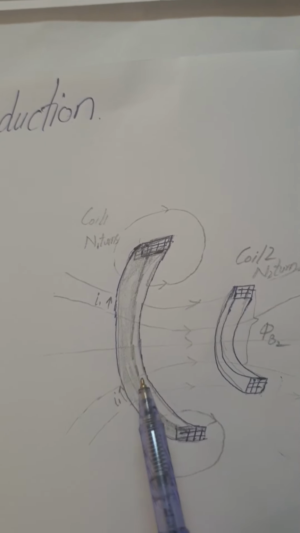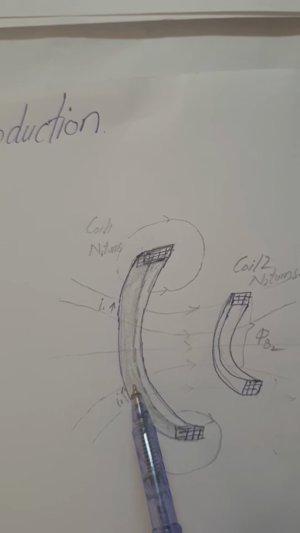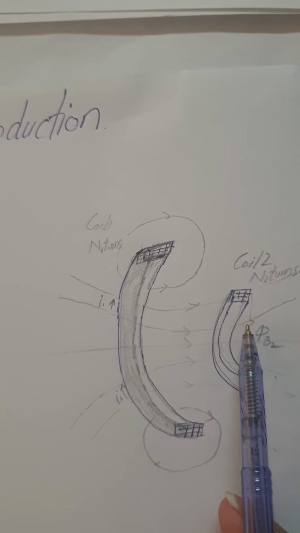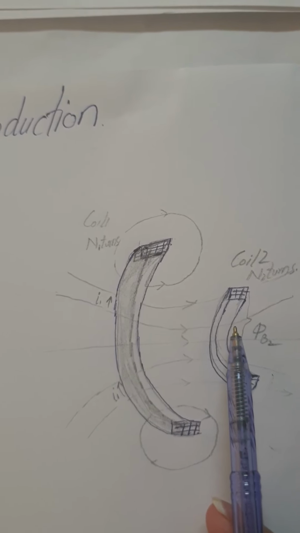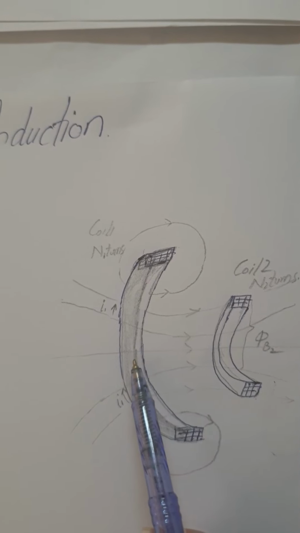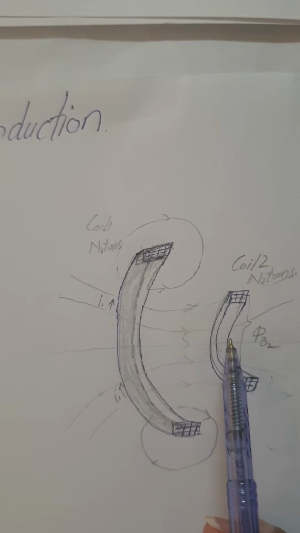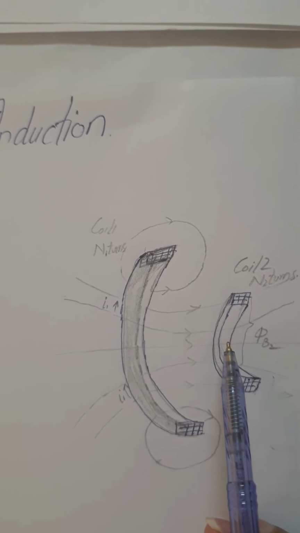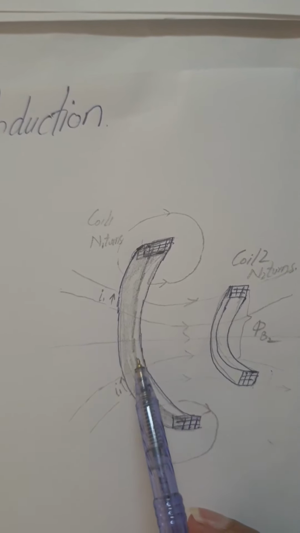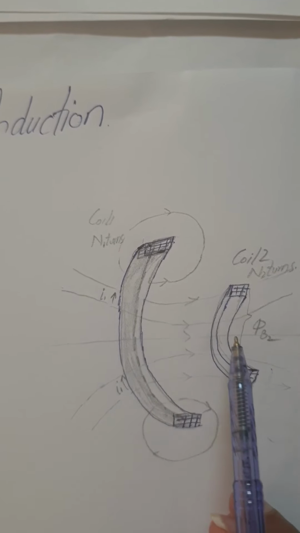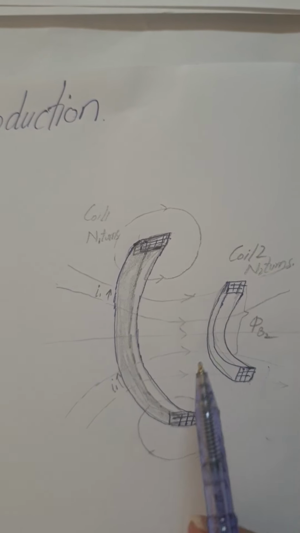If the current in coil 1 changes, the flux through coil 2 also changes. So according to Faraday's law, the change in current in coil 1 induces an EMF in coil 2. So a change in the current in one circuit can induce a current in the second circuit.